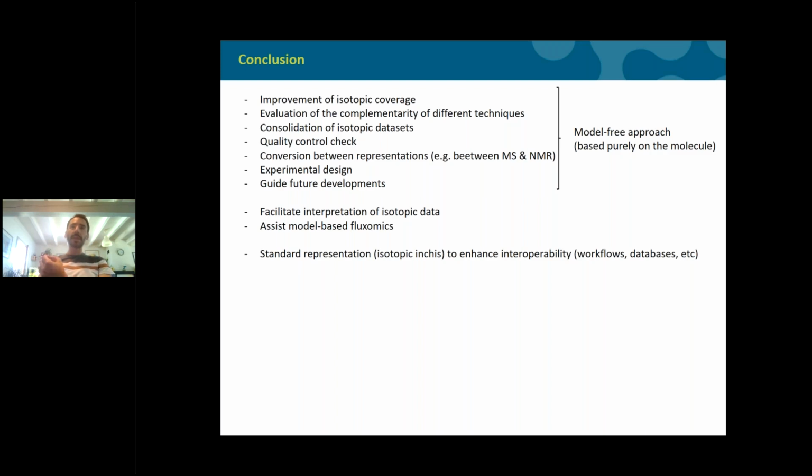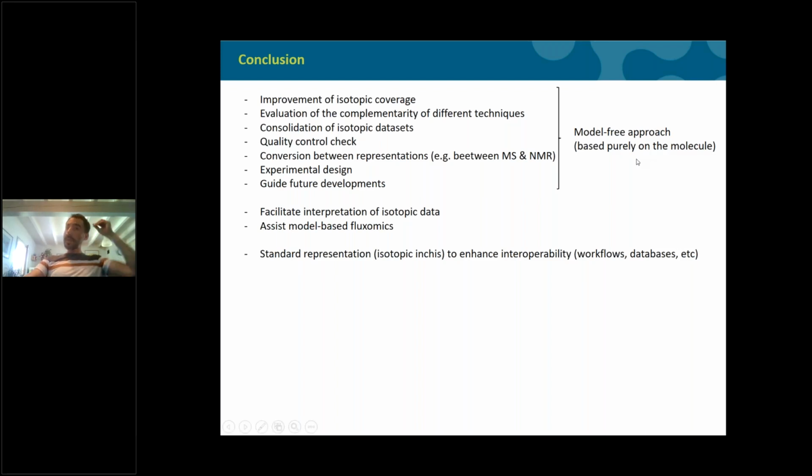And if so, what do you need to measure? This can be very useful also to consolidate isotopic data sets, to check the consistency between the different measurements, to convert MS data into NMR data and so on, and to facilitate the interpretation of isotopic data.